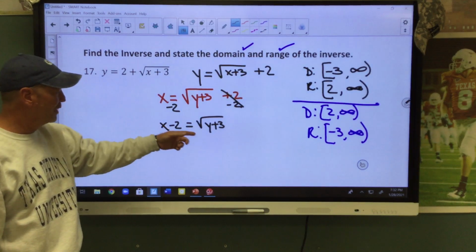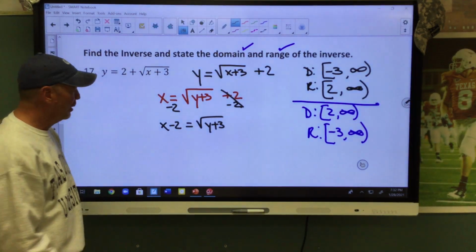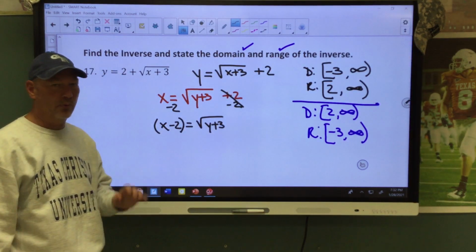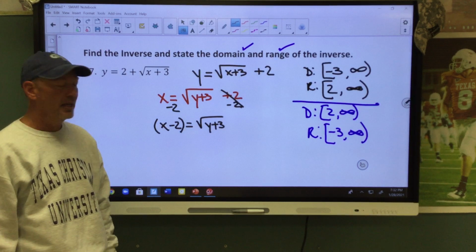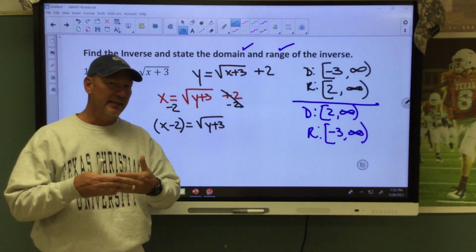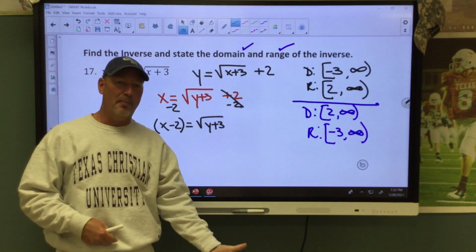Now, as soon as we move this to the other side, I've asked my students, and I'm going to ask you, please put this in parentheses and create it as one chunk. Keep it right there together. Now that my radical is by itself, if I can get that root to match an exponent, it will drop out.